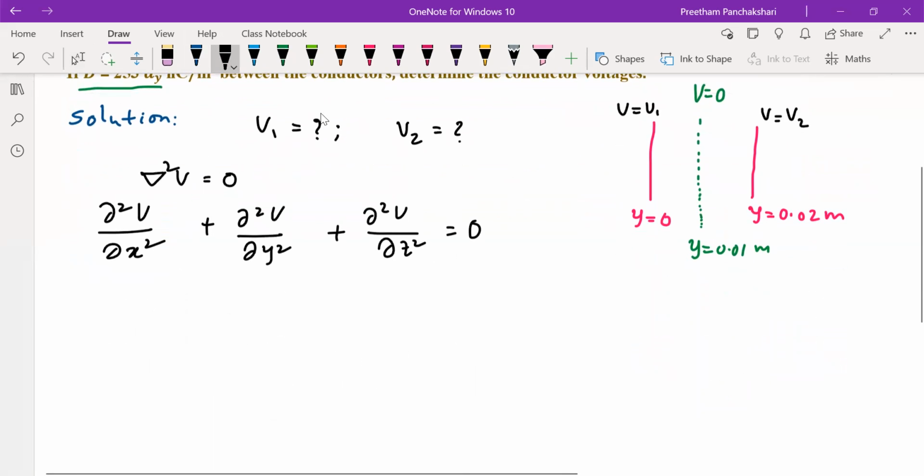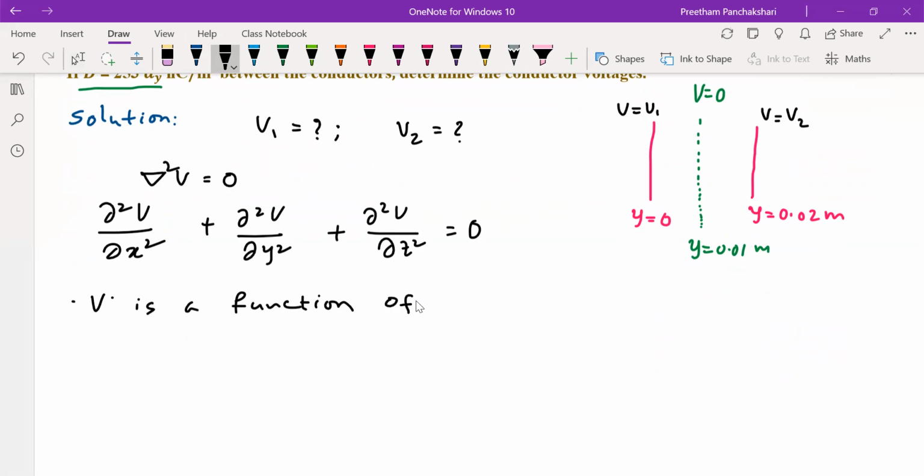From the problem, we can say that potential V is a function of y only. There is no specification of x and z.